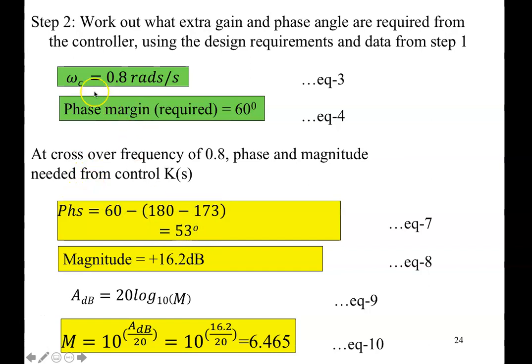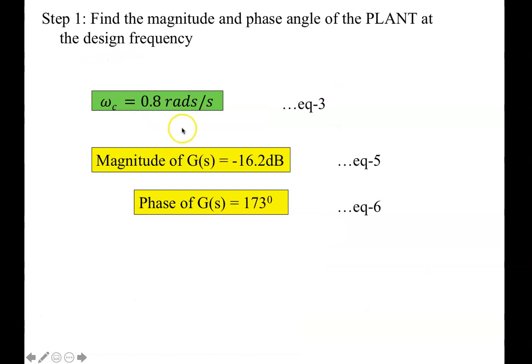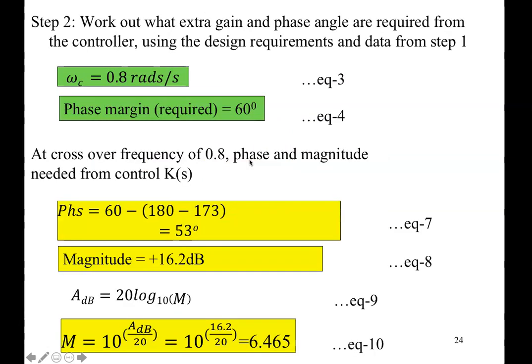But I also want a crossover frequency at 0.8. In the first step, what I found is the magnitude of G(s) is minus 16.2 dB. Therefore, I want the controller to give me a positive 16.2 dB. Positive 16.2 plus minus 16.2 will give me 0 dB.